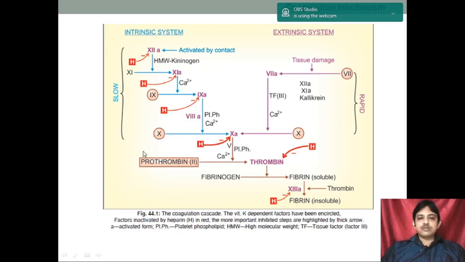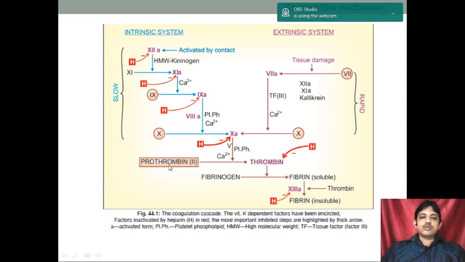Now what happens in the common pathway? Activated 10, in the presence of calcium, factor 5 and platelet phospholipid, will convert prothrombin, which is factor 2, to thrombin.